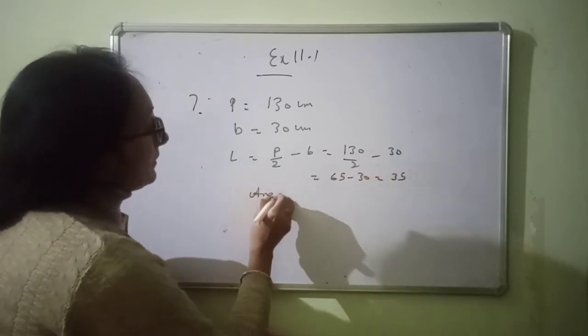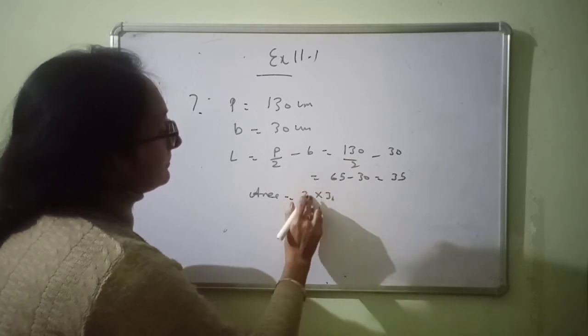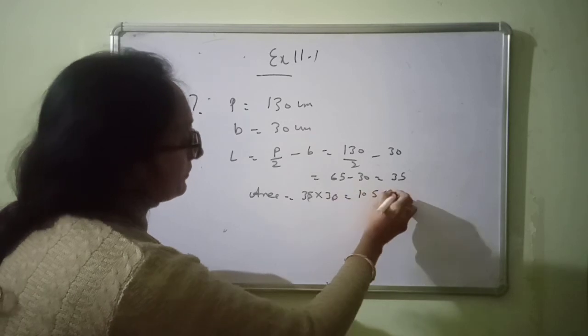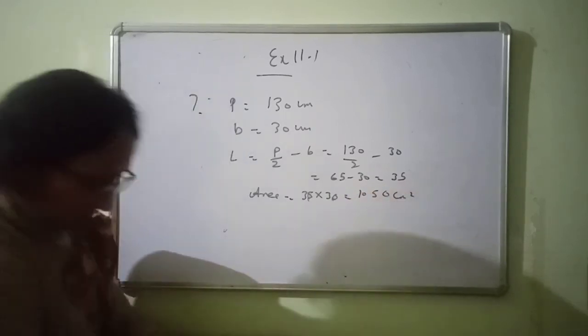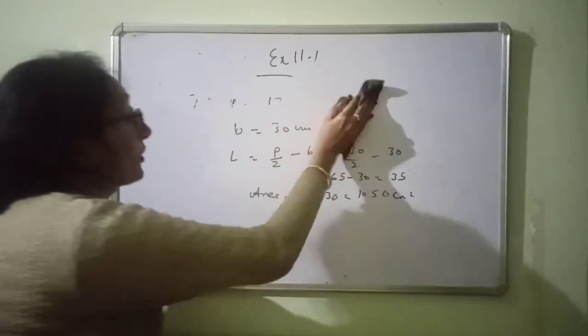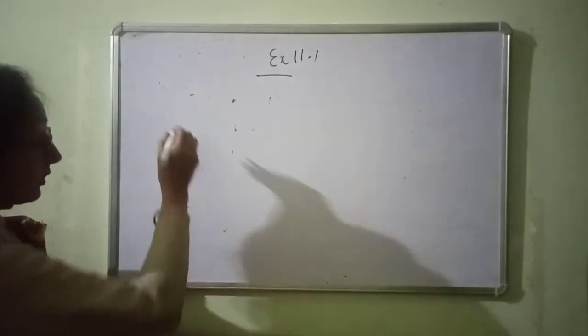Now we can find the area. Area will be equal to 35 into 30, 1050 centimeter square.